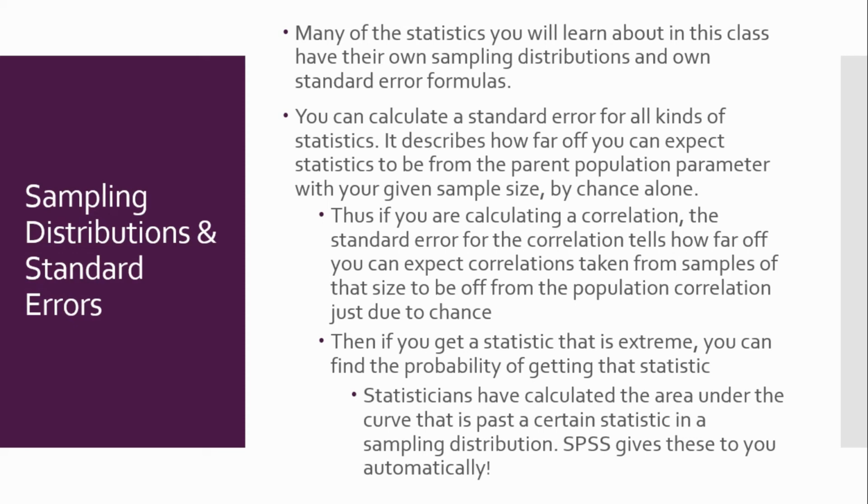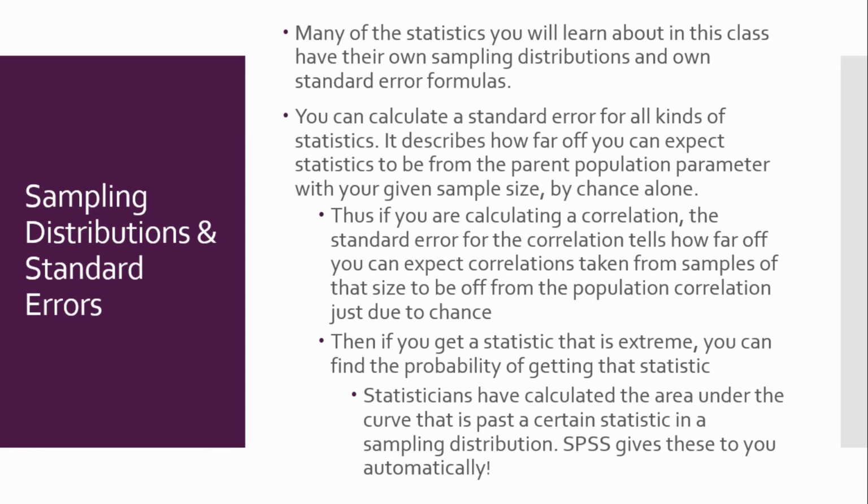All right, the other thing I want to go over is that standard error is also important and will come up over and over again. Here we were learning how to calculate the standard error of the mean, but you can get a standard error for pretty much any statistic, and it describes how far off you can expect sample statistics to be from the parent population statistic with any given sample size just by chance alone, okay?